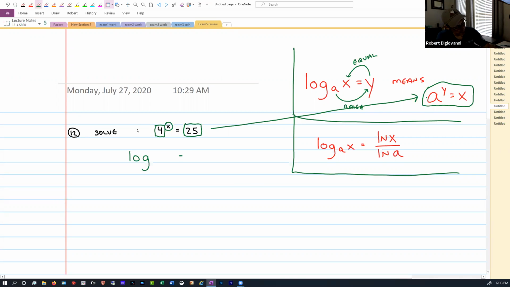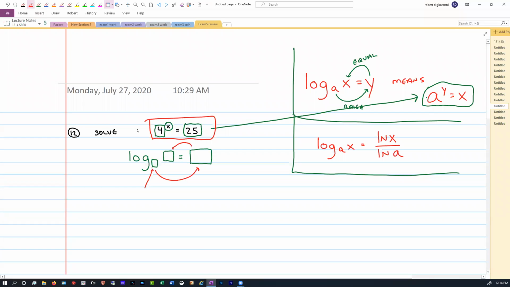So you have to fill in these boxes in a way that, when you do that little loop thing, it gives you back this expression. What would go into this first box? It would be 25.